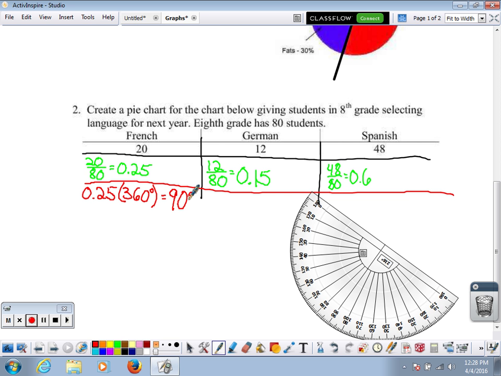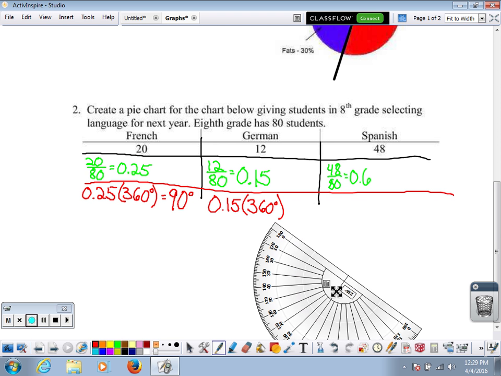Okay, we'll do the same thing for the German folks. 0.15 times 360 degrees. And what do we get? Someone I haven't heard from yet. Seth, what'd you get? 54 degrees.